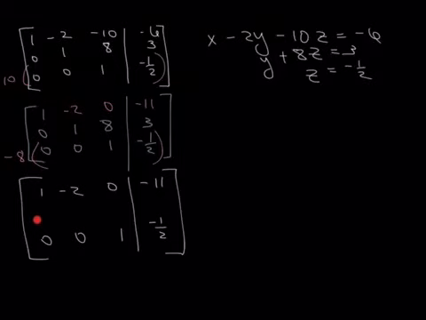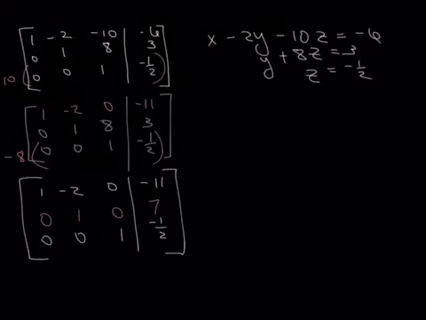So that will be a 0. -8 times 0 plus 1, that won't change. -8 times 1 is -8 plus 8, so it makes that a 0. And -8 times -1/2 is 4 plus 3. That'll make that a 7.